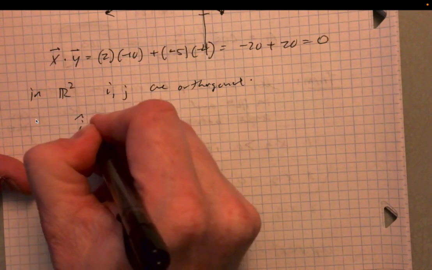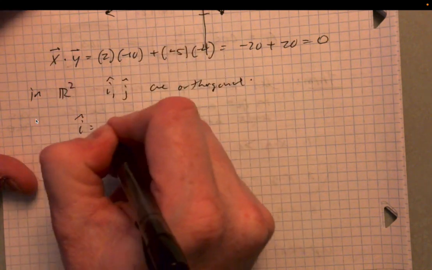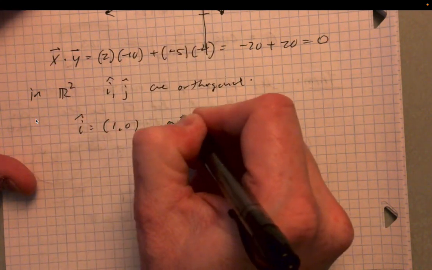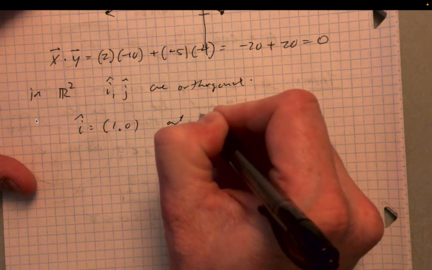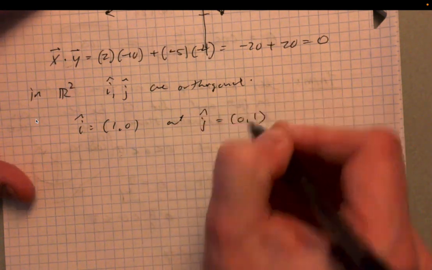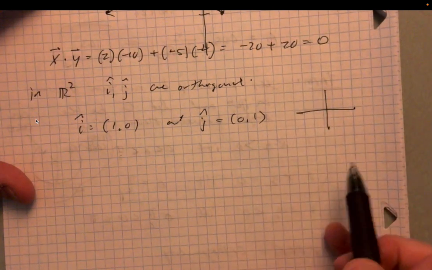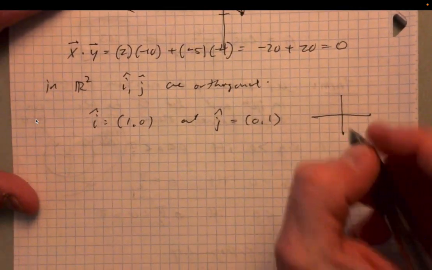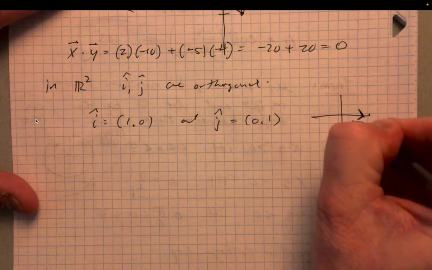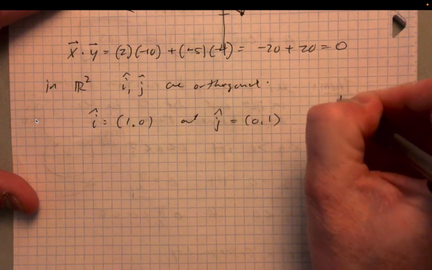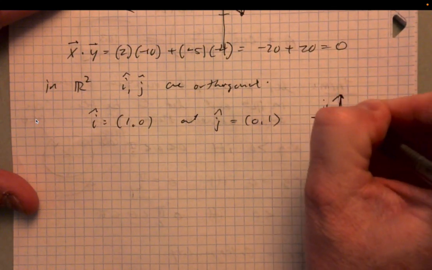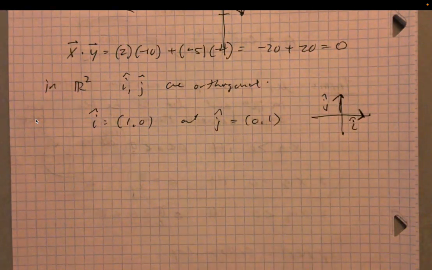Remember, i hat is (1, 0) and j is (0, 1). So on a grid in the plane, this would be your i, and then j is here. Obviously they're at right angles to one another because they're on the axes.